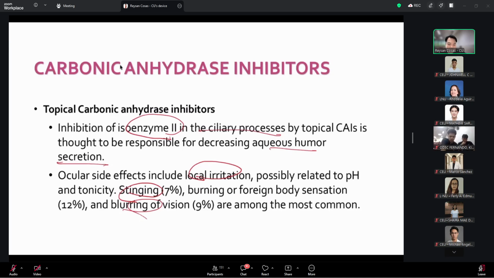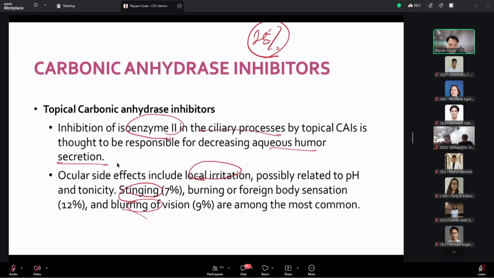Can they reduce the nocturnal aqueous flow rate better than beta blockers? Yes or no? Yes. Based on clinical studies, it's about 25%.